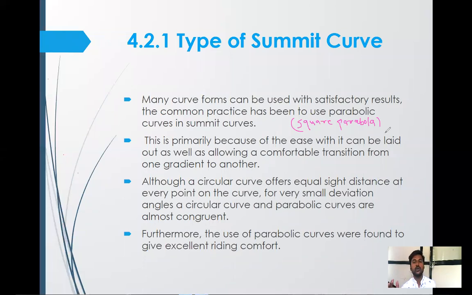Although the circular curve offers equal sight distance at every point on the curve for a very small deviation angle, the circular curves and the parabolic curves are almost concurrent.